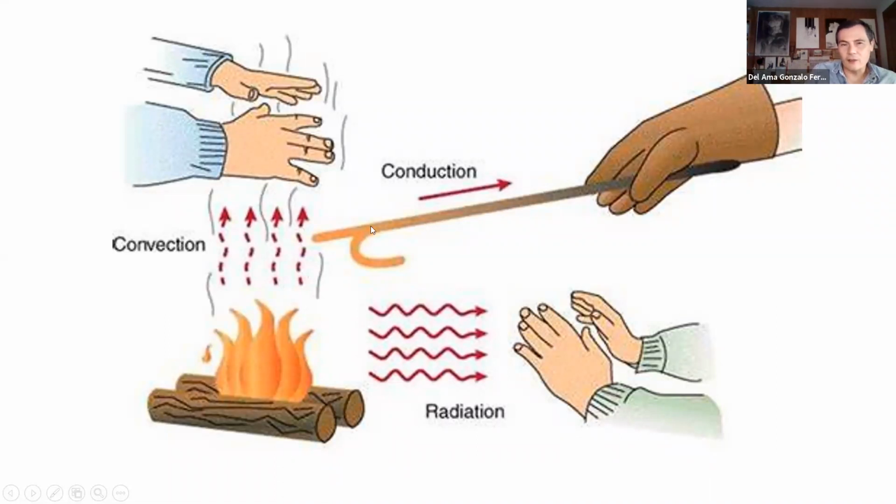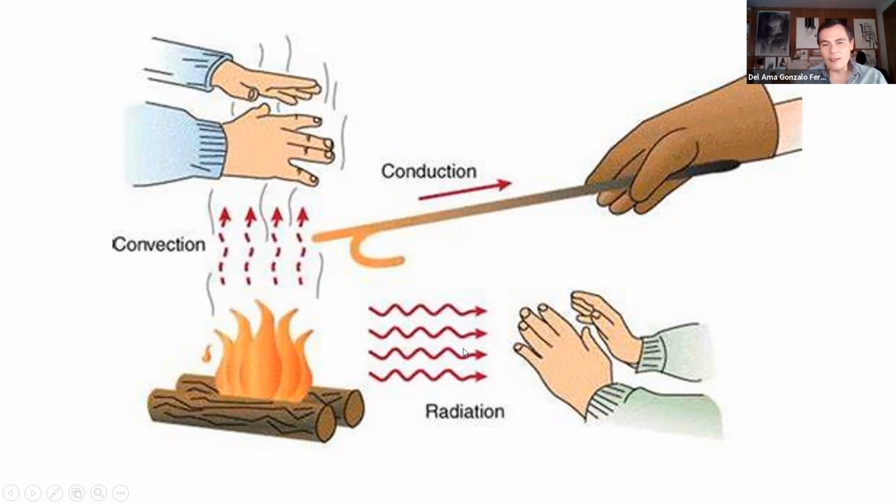This is conduction. We need a solid material to transfer heat from this place to that place. Then we have convection. Convection means that we don't have to touch the fire itself to feel the heat through the air. The fire heats up the air around it, and this hot air ends up heating our hands.